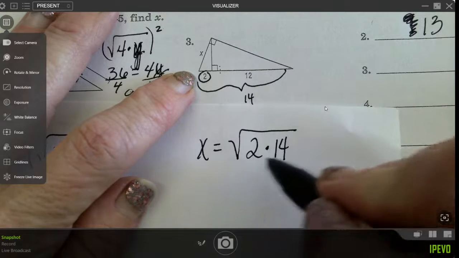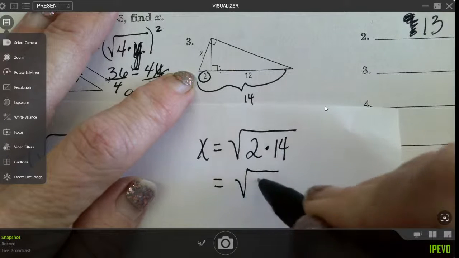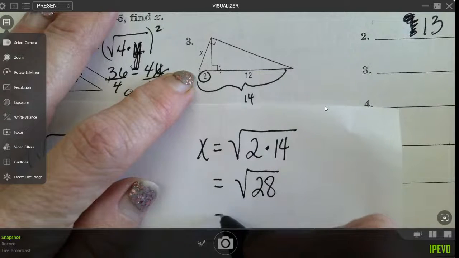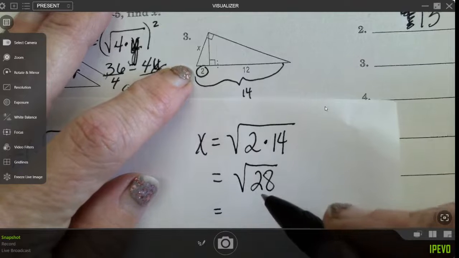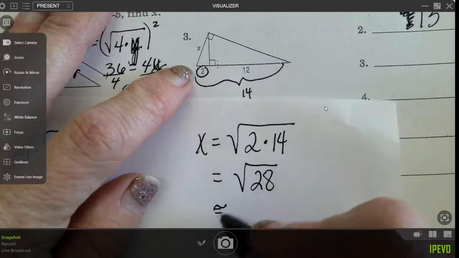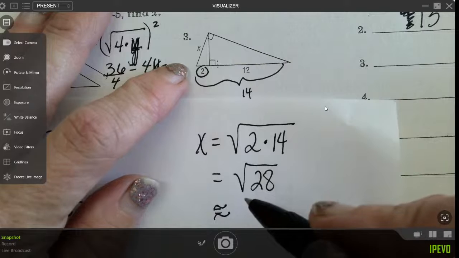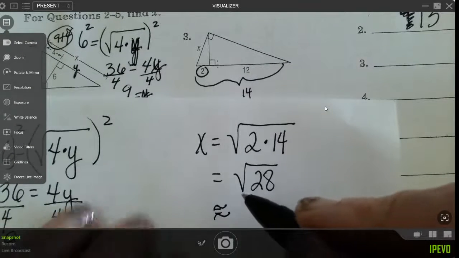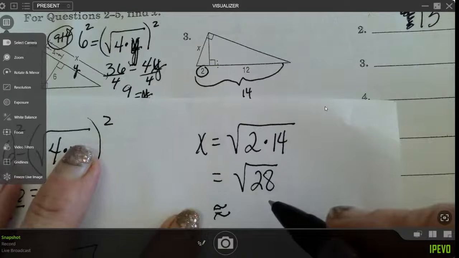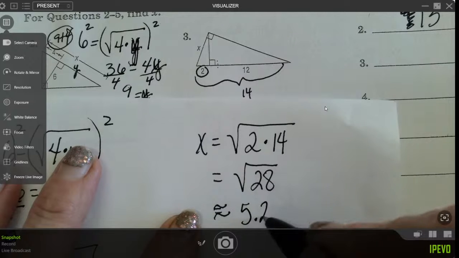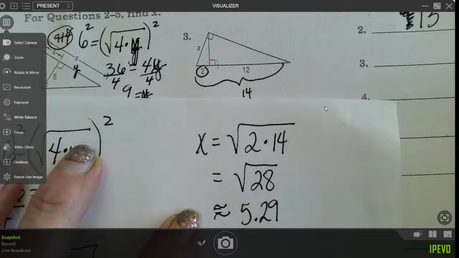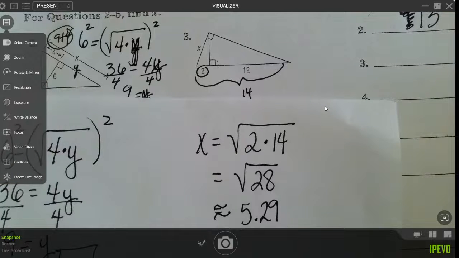And so 2 times 14 is 28. Okay? And so for this, I want you to just do the square root of 28 and give me an approximate answer. Rounded to the nearest whatever I tell you. So let's do rounded to the nearest hundredth on this. So 2 decimal places. 5.29. So that's going to be our answer. So on the back where they put answers, what do they have?